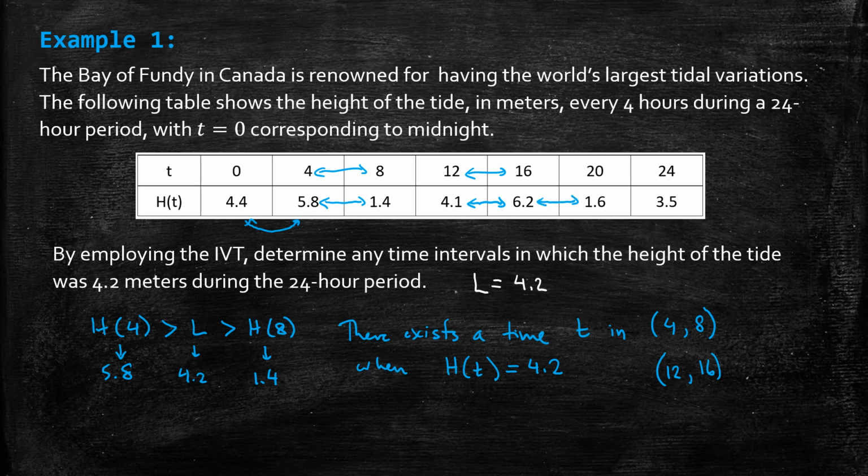So again, 4.2 is in that interval. So we can add on another interval, 16 to 20, between 4 and 8 p.m. And 4.2 does not appear between 1.6 and 3.5, which is why that interval doesn't count, nor does it appear here. So we have identified the intervals in which we can guarantee that the height of the tide was 4.2 meters at some point within those intervals.